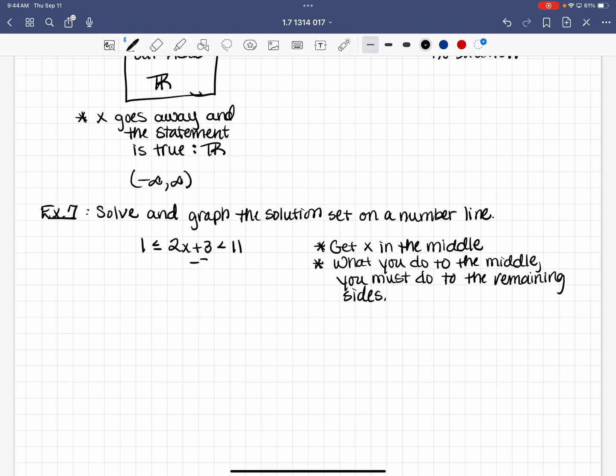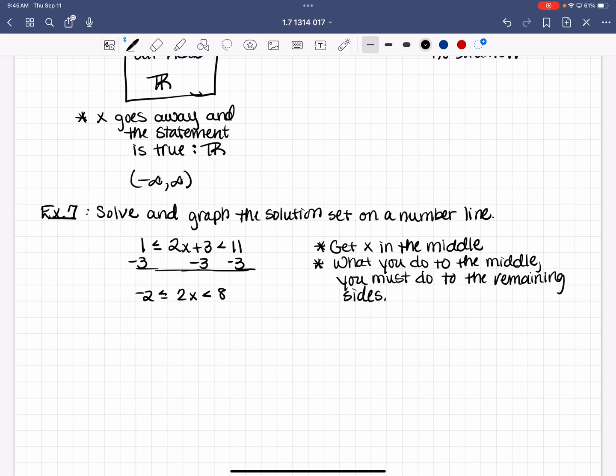So I'm going to subtract 3. We want to get x in the middle. I'm going to subtract 3 from all 3 parts. Y'all know what I mean by all 3 parts? Can you see the 3 parts? Okay, because remember a long time ago you had to draw the line? So there's a line down each inequality. So that's negative 2 is less than or equal to 2x is less than 8.